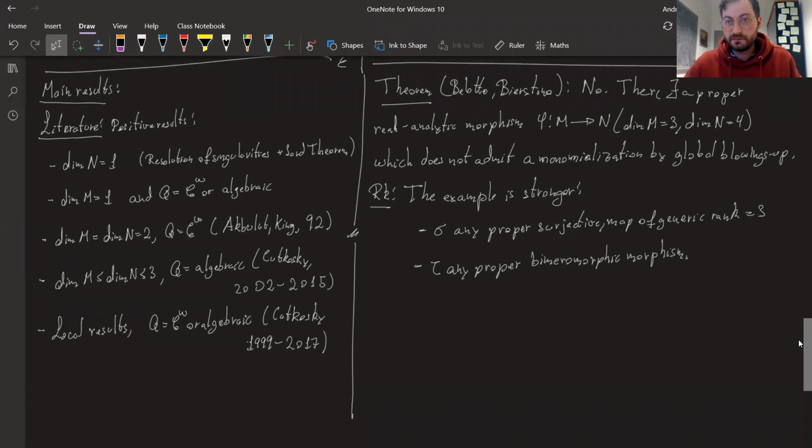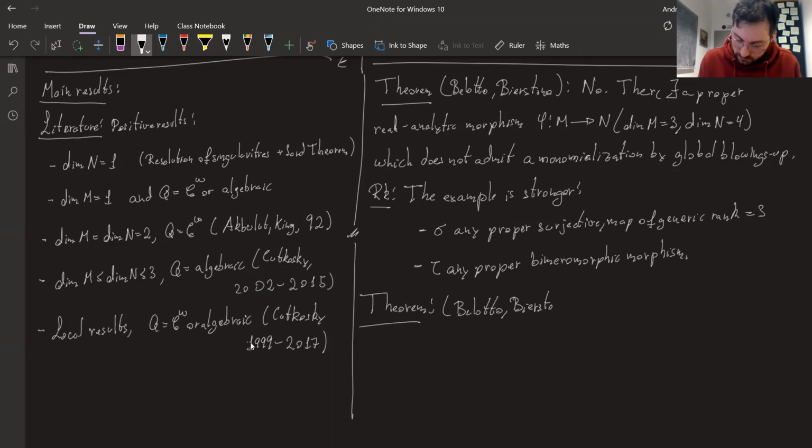And then the positive result that we're going to give is then a local result. Again, over the reals. Now let me give you the positive answer. So let phi from M to N be a proper Q-morphism.